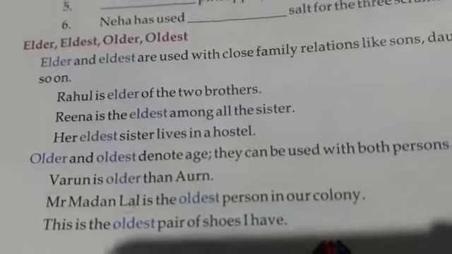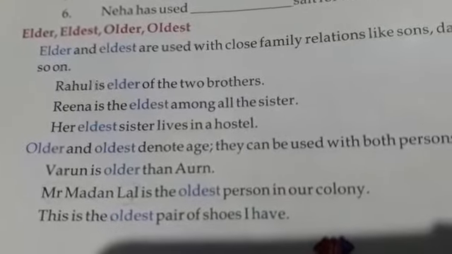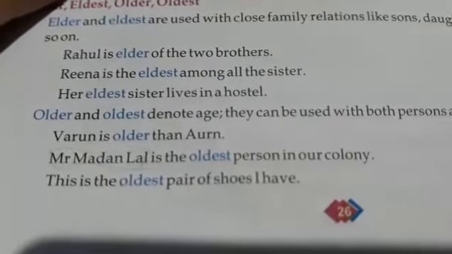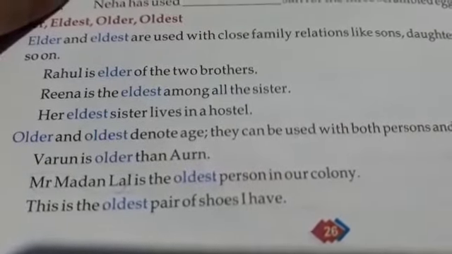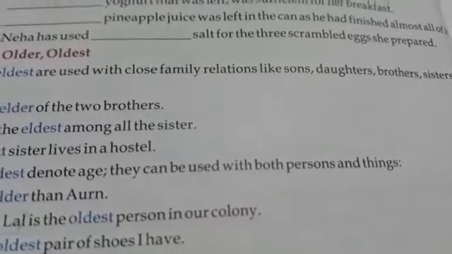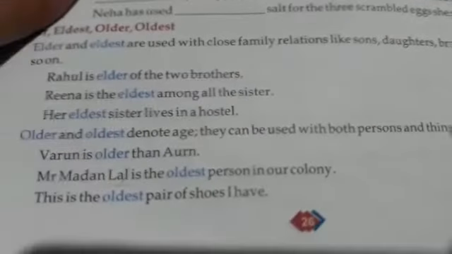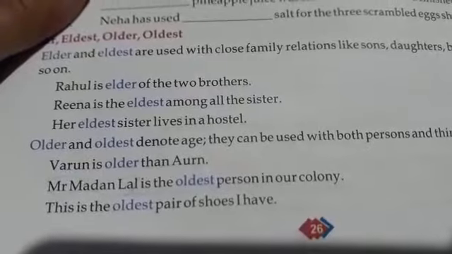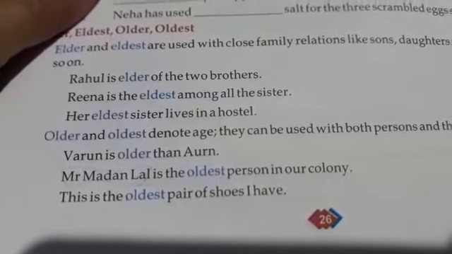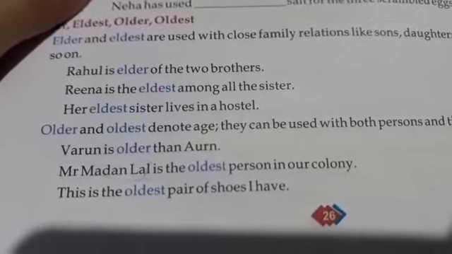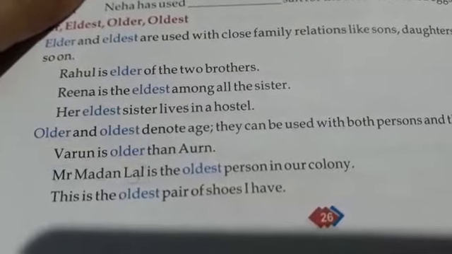And now let us see the use of older and oldest. Older and oldest denote age. They can be used with both persons and things, and also for people other than family relatives. Like Varun is older than Arun.